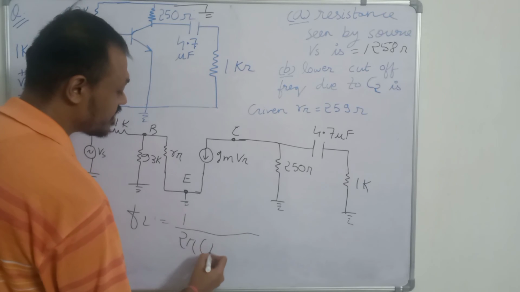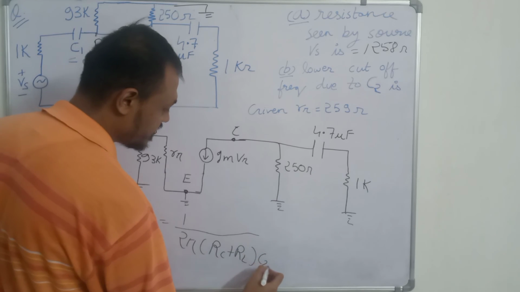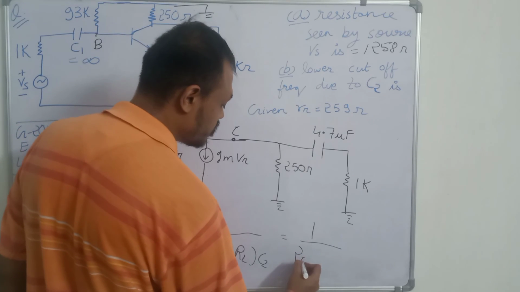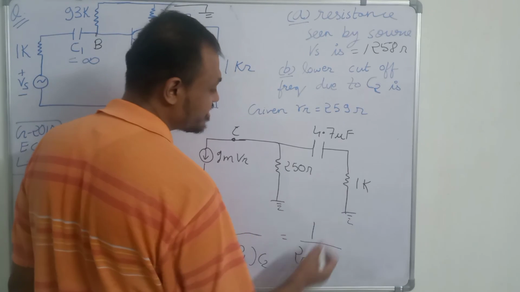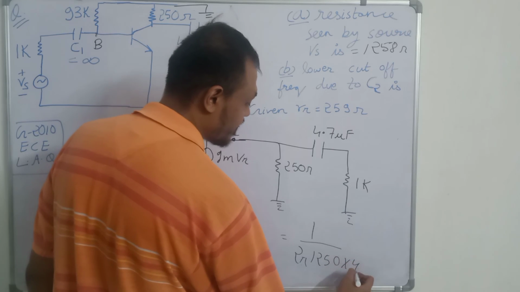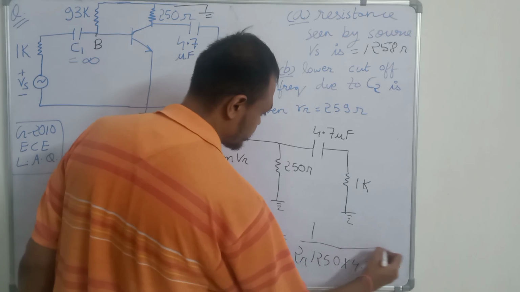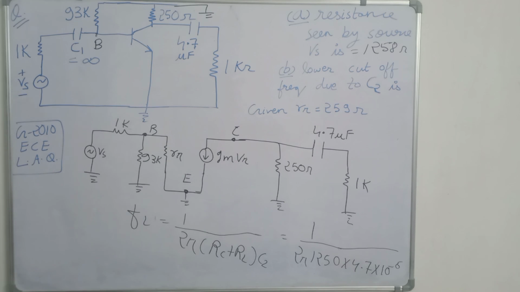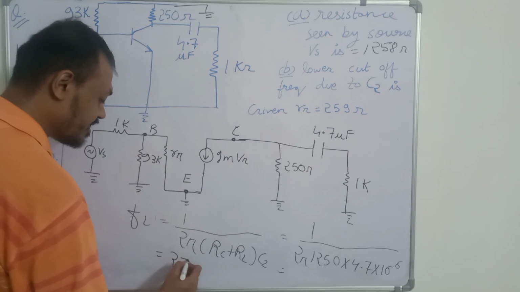So RC plus RL into C2. So this will be equal to 1 upon 2 pi into RC is 250 and RL is 1000. So it will be 1250 and C2 is 4.7 microfarad. So 4.7 into 10 to the power minus 6. So if you solve it, you will get answer as 27.1 Hertz. So FL will be equal to 27.1 Hertz.